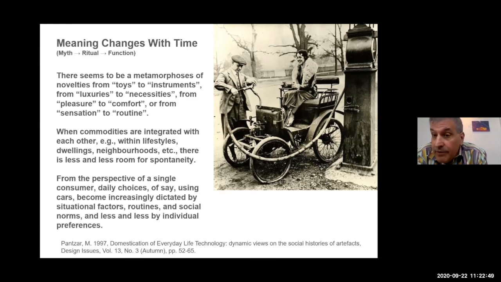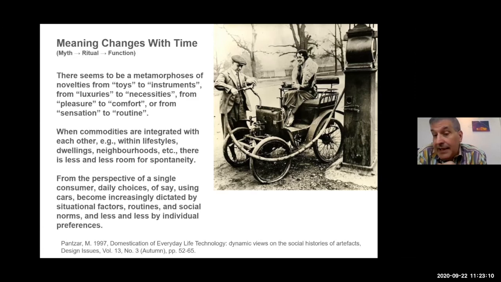The motor vehicle is a great example. I cite a lot of physical artifacts because they're easy to visualize and see in a person's everyday life. The motor vehicle started out as some sort of a magical, mystical toy for wealthy people who had the opportunity to try this new experience and run around town with this new invention.